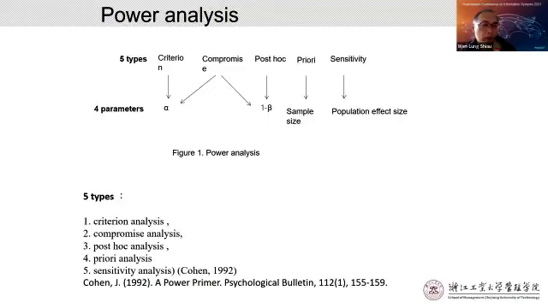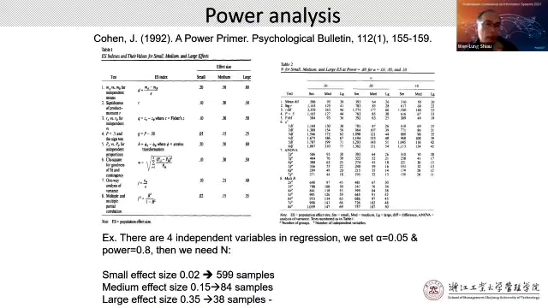So you can refer to the Cohen 1992 paper over there. So I'll give you another example here. The important thing is about the effect size. In the paper of Cohen 1992, there are 4 independent variables in the regression.